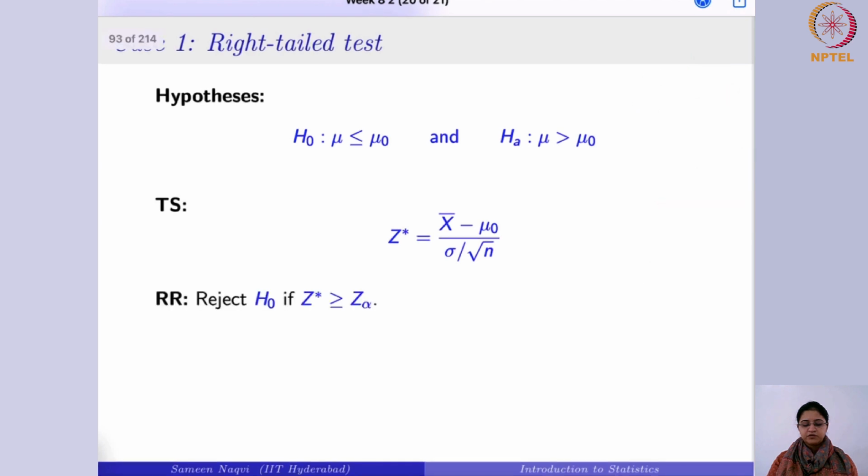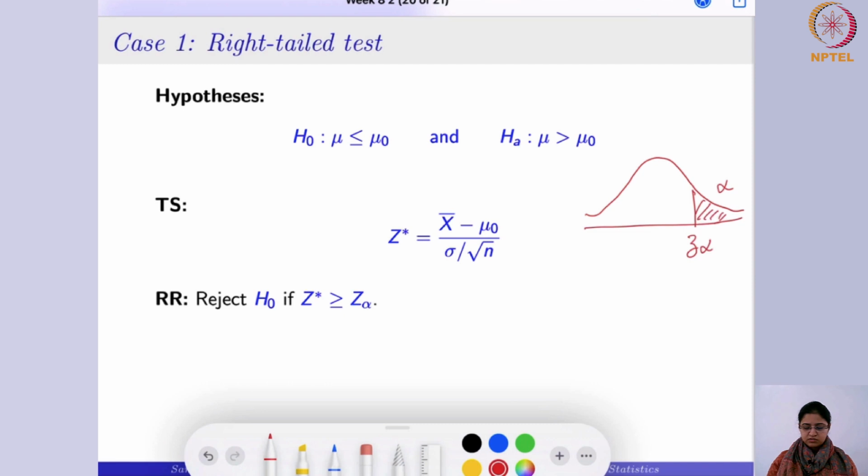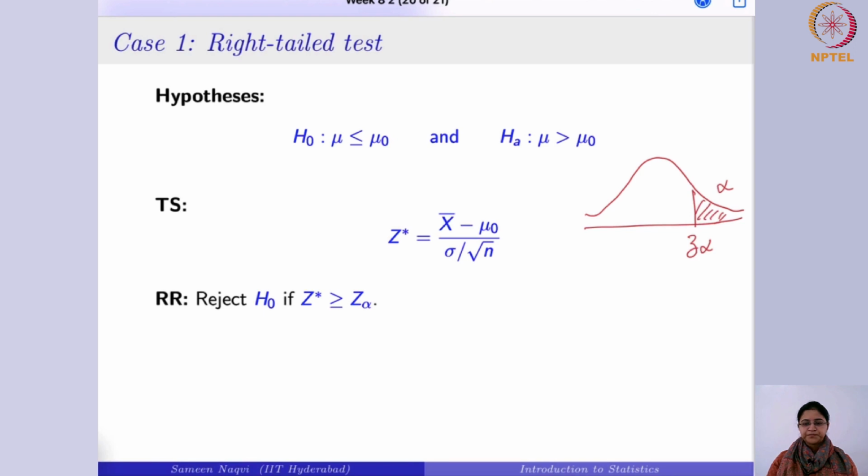The next step would be you would reject the null hypothesis if z star is greater than equal to z alpha. Z alpha is basically the critical value that you will find from the table, and z star is the test statistic that you have calculated just now. So if you consider it in this way, this is your z alpha and this area is basically alpha.